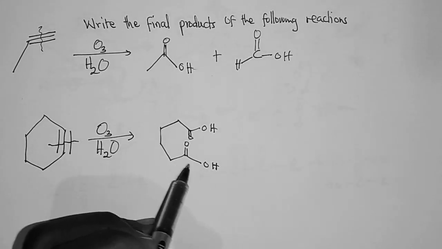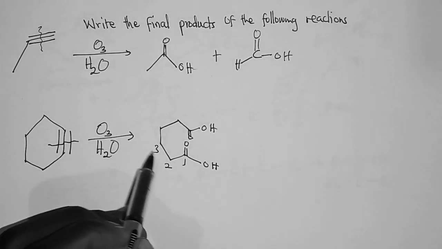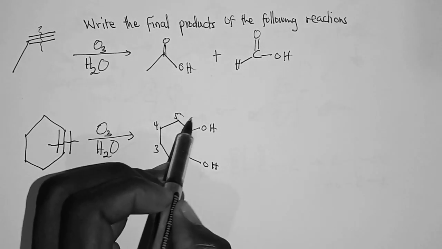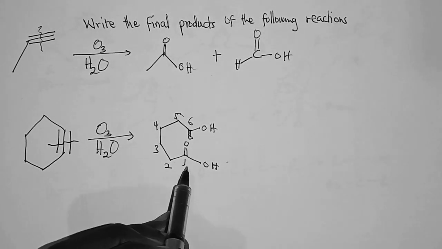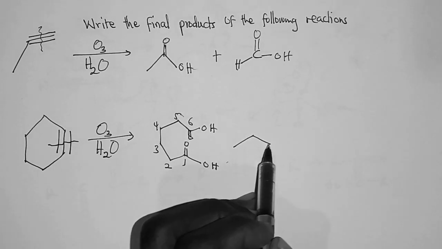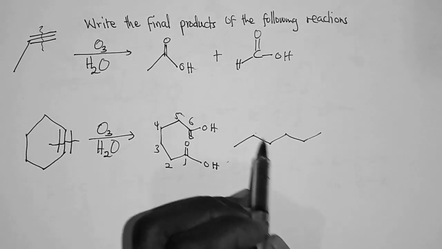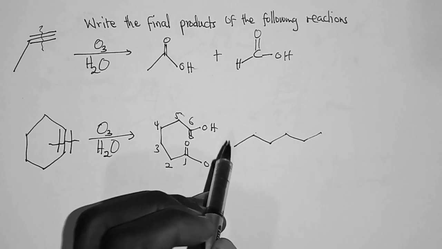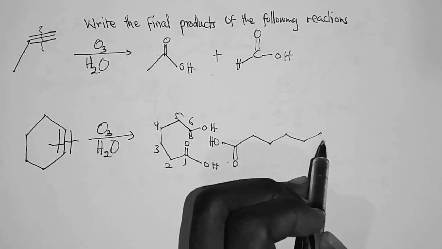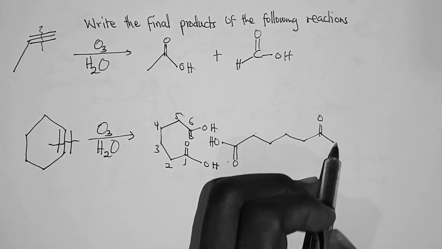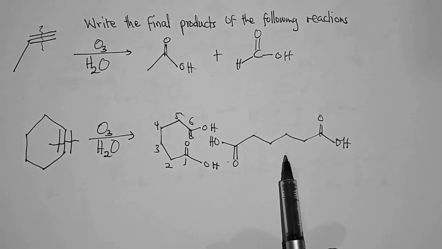But how many carbons are there? 1, 2, 3, 4, 5, 6. So 6 carbons with carboxylic acids at the end. So let's draw the 6 carbons. So we need to draw carboxylic acids at the end of those carbons. So this is the final product that we are going to get.